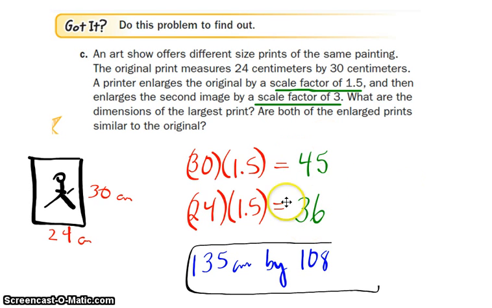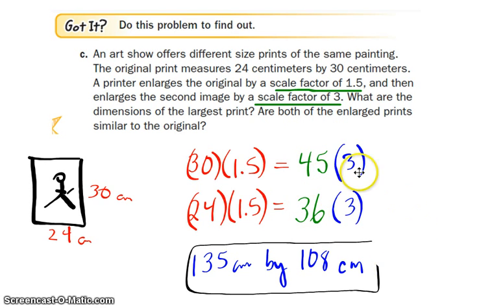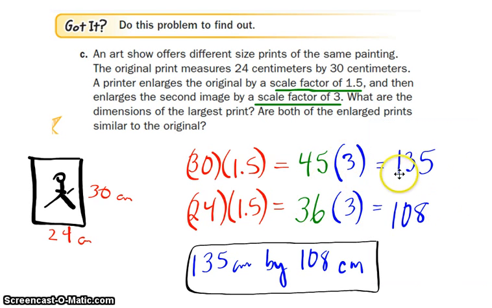So there's after the first dilation. Okay? Then what we have to do is use a scale factor of 3. So we need to take 45 and 36 and multiply it by 3. And when you multiply this by 3, you end up with 135 by 108. So your final enlargement is going to be 135 centimeters by 108 centimeters.